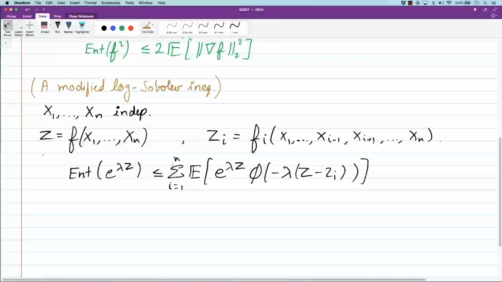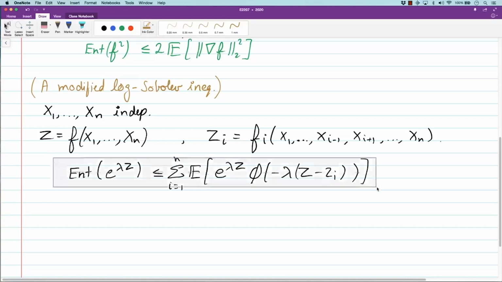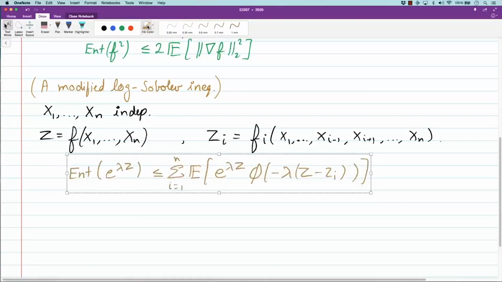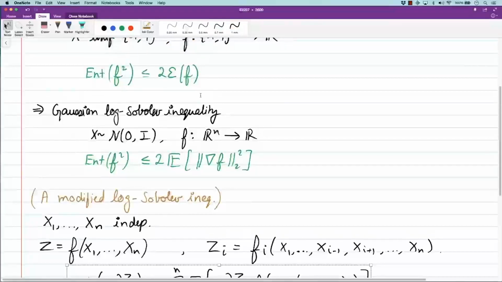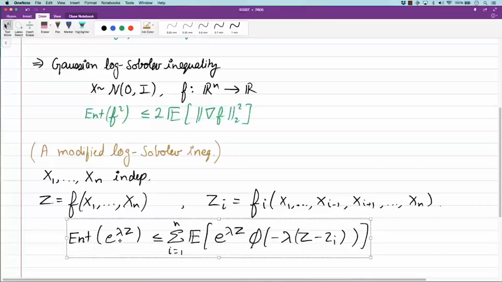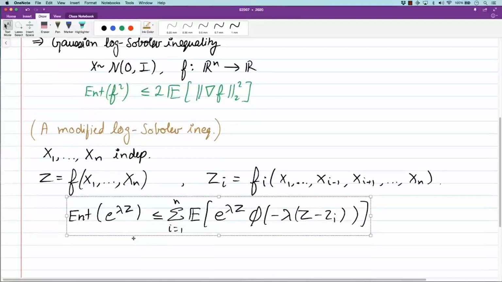This looks a bit like the log-Sobolev inequality, but we are applying it to the function e to the power lambda Z. In fact, if you remember the proofs of the concentration bounds from both the binary and Gaussian log-Sobolev inequalities, we did apply them to the function f given by e to the power lambda Z. So in that sense, this inequality directly gets us there and hopefully will serve that purpose.